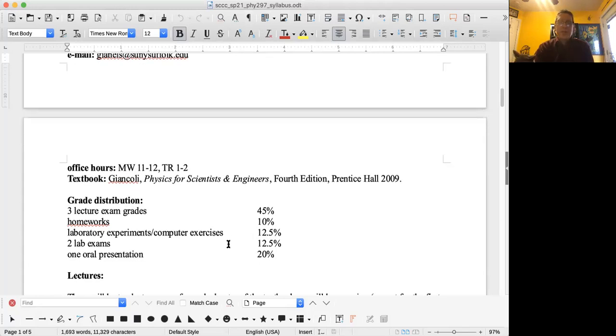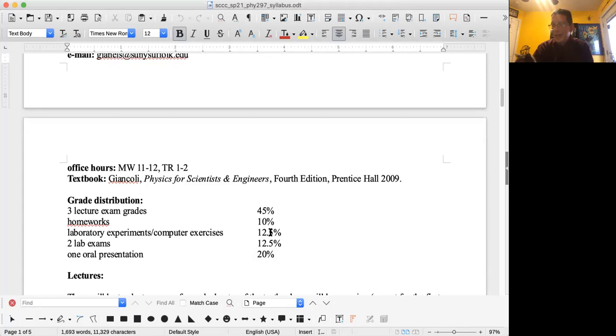The grade distribution: there will be 3 lecture exams, and there'll be no drops, so they're going to be 15% each. The homework will be 10%. The lab reports and computer exercises that you'll be doing on Fridays will be worth 12.5% of your total grade, or 1/8.